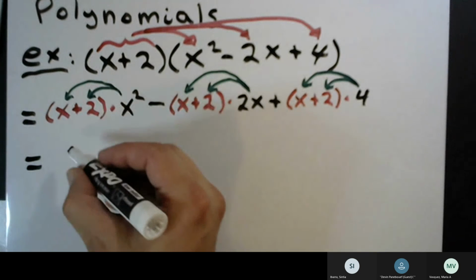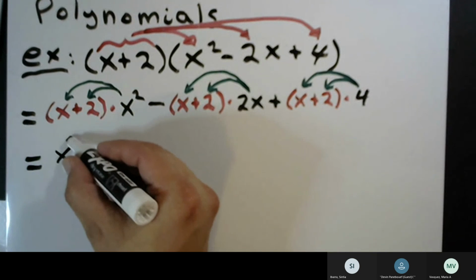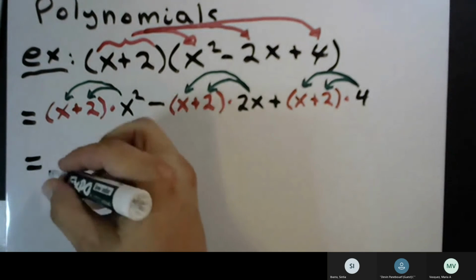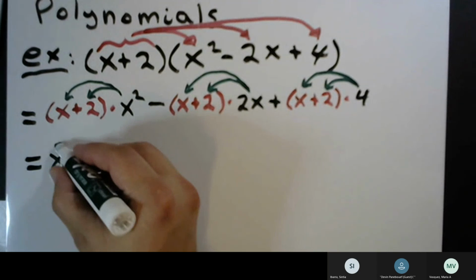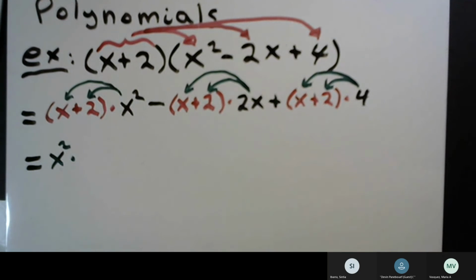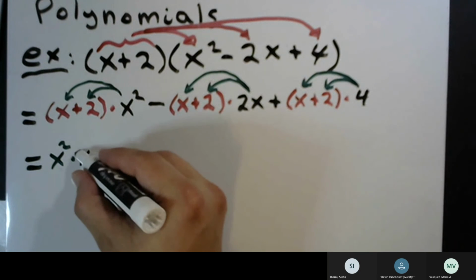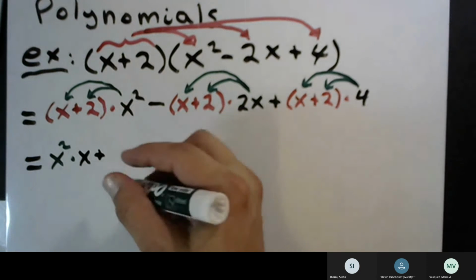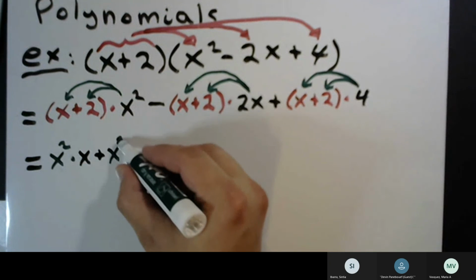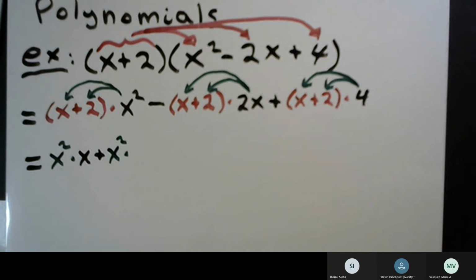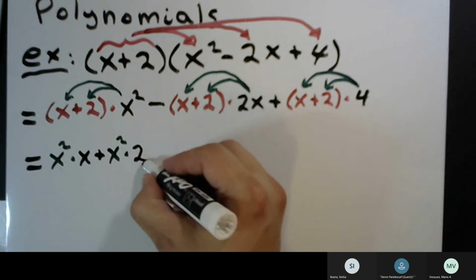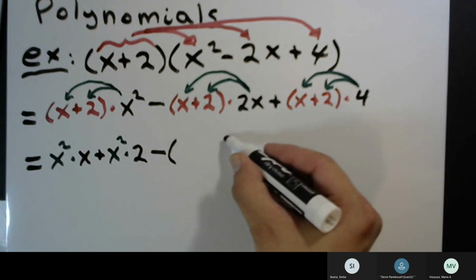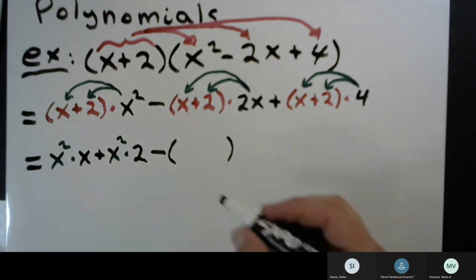But x squared times x is x cubed. Here, I'll go through all the steps. We'll get x squared times x, plus x squared times 2. Now this one, we've got this minus sign, so I'm going to keep that minus sign on the outside for now.